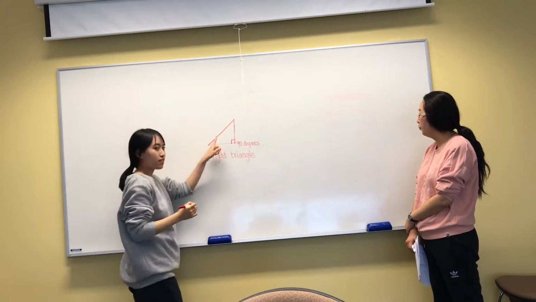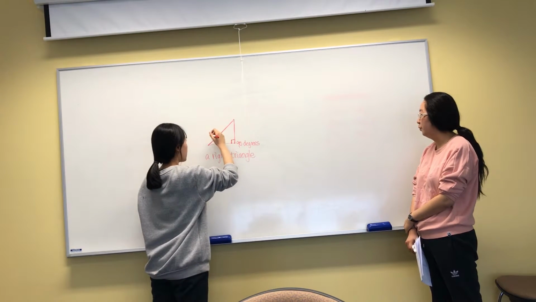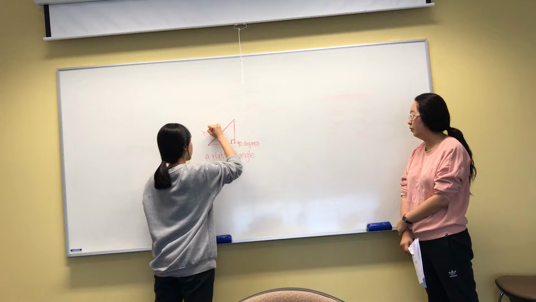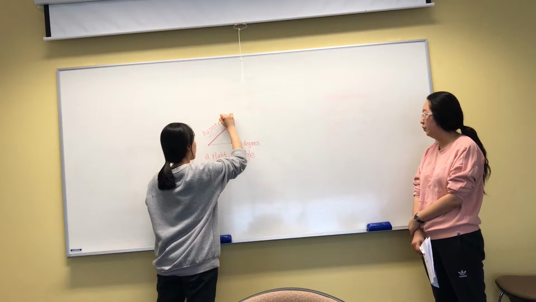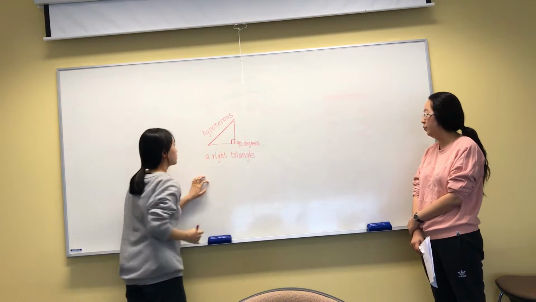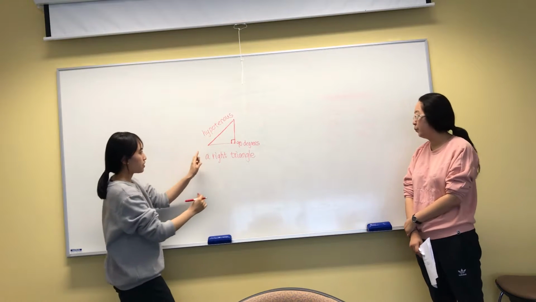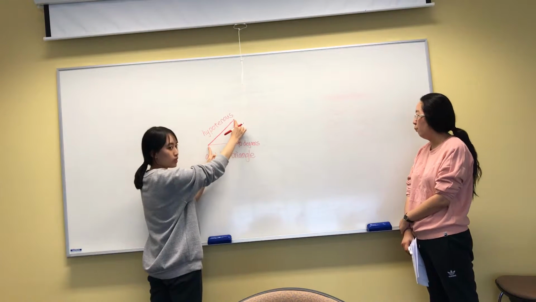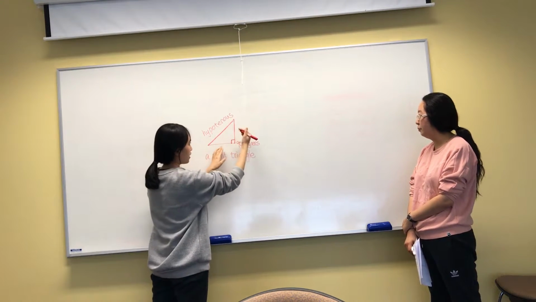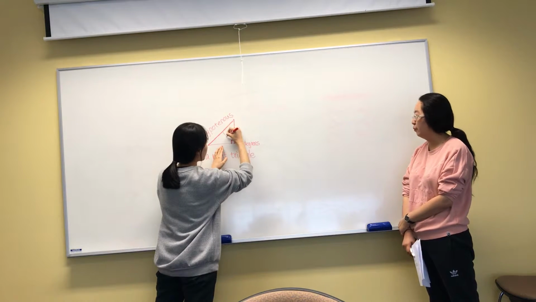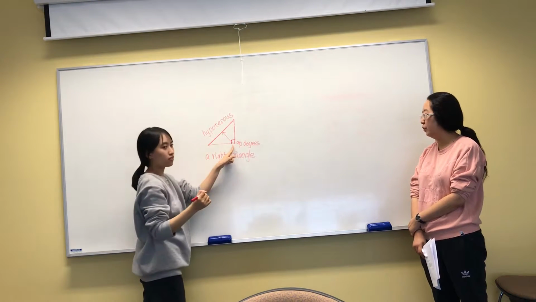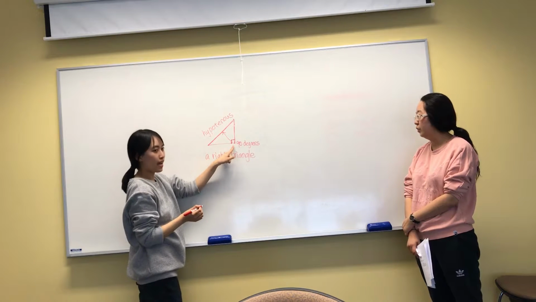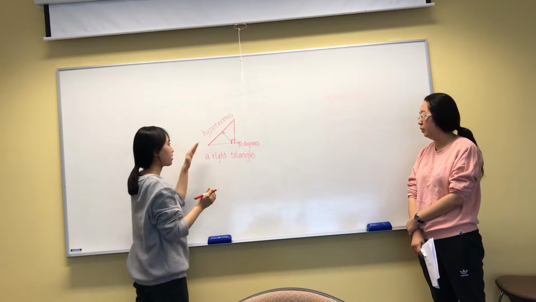And it has a very special name, which is hypotenuse. So as you can see, the longest side, which is called hypotenuse, is always opposite to our 90 degrees angle in this right triangle.